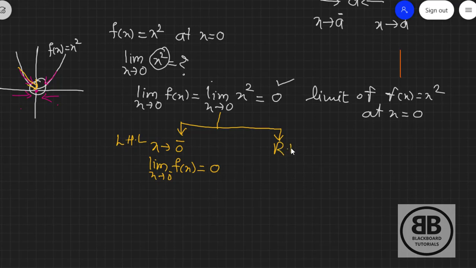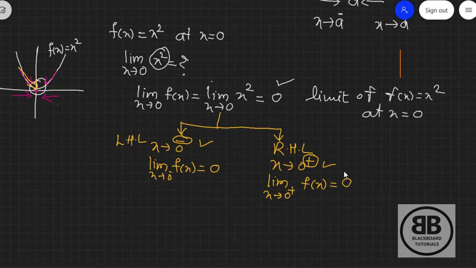Similarly, the right hand limit will be denoted when x is tending to 0 plus; this sign indicates we are approaching from the right. So this limit is also given as limit x tends to 0 plus f of x, and from the right hand side what is the function value?